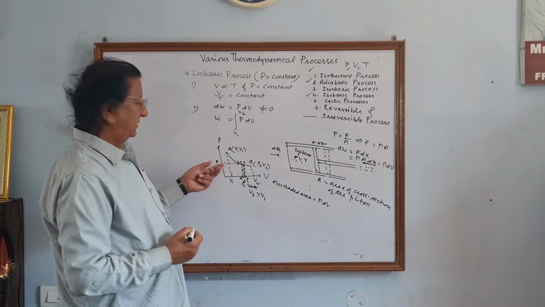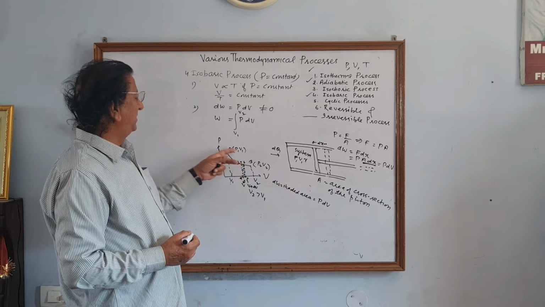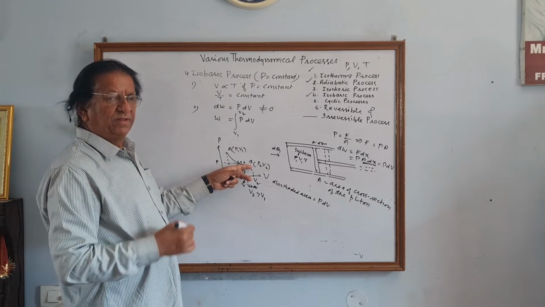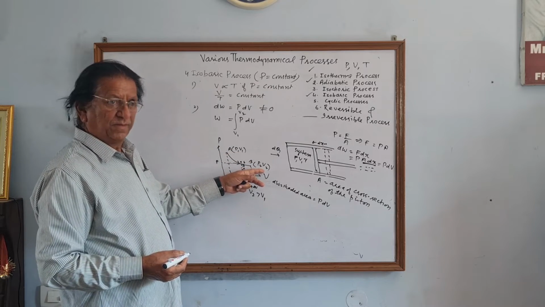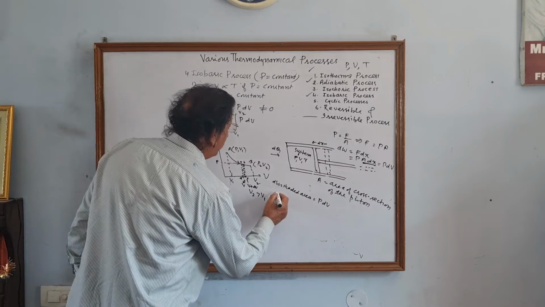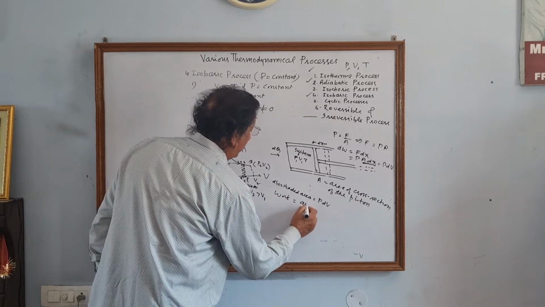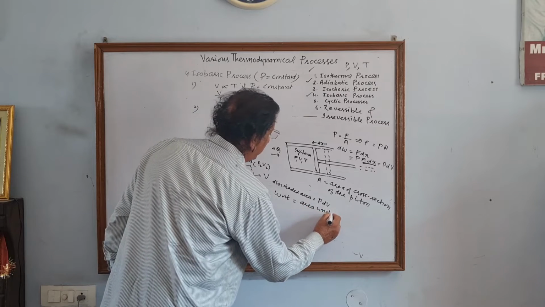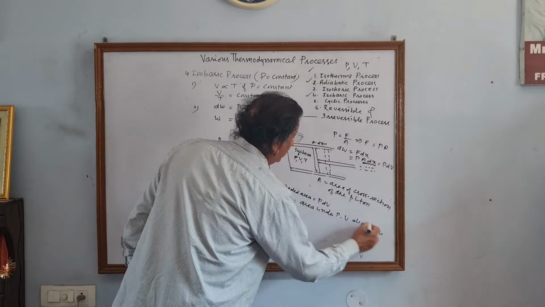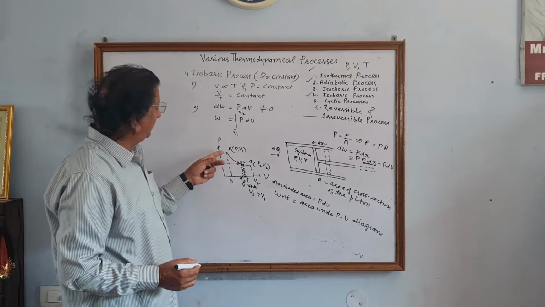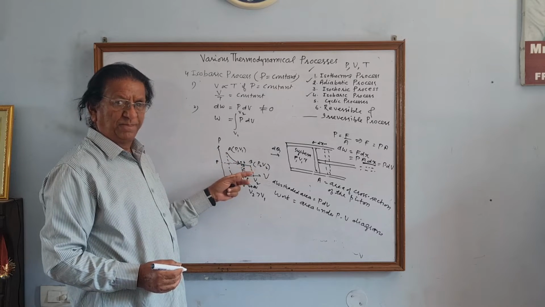And if you want total work done when the system is taken from state A to state B, when there is a large increase in volume from V1 to V2, you will get the total area under the PV diagram. You can divide this part AB into small portions.